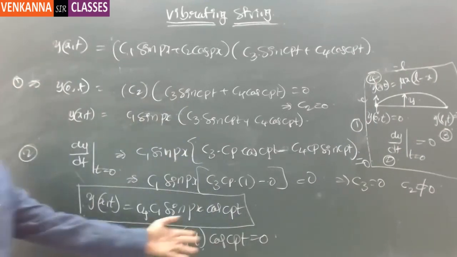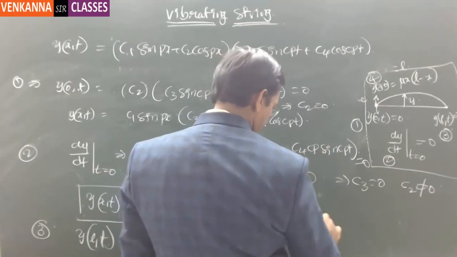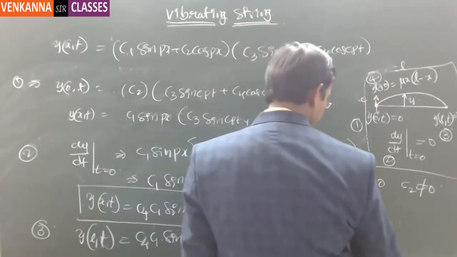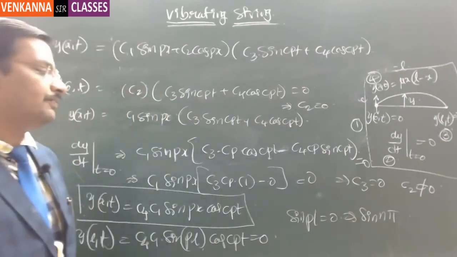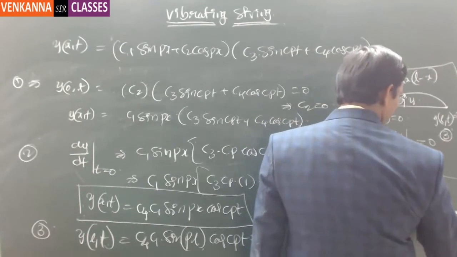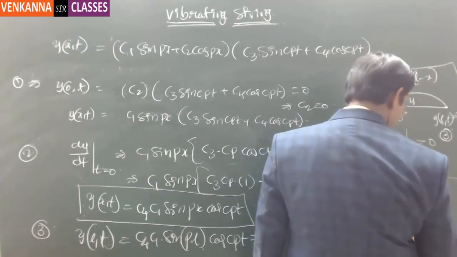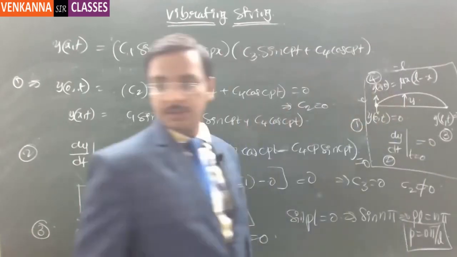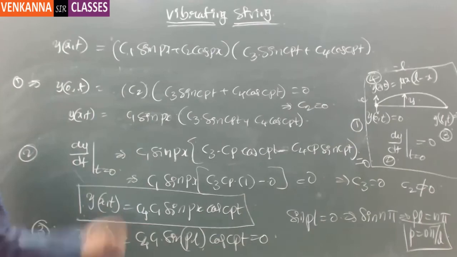Now this equation is equal to 0 if sin PL equal to 0. It implies sin n pi, which is the general solution for 0 of sin value. Now PL is equal to n pi, and P is equal to n pi by L. Got it? So note down till this point.